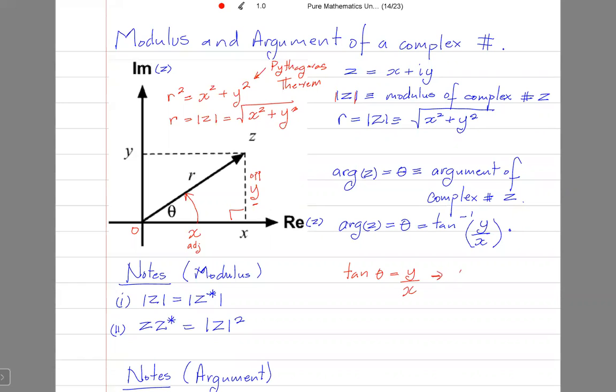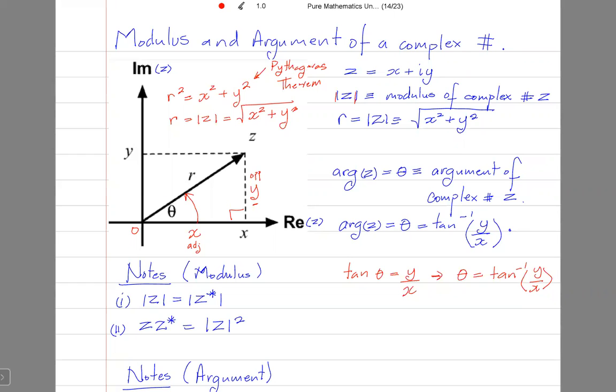Remember, if I know the tangent of an angle, to find the angle I must use tan inverse y over x. So the angle theta is called the argument of the complex number, and that angle is equal to tan inverse y over x. Okay, sir.